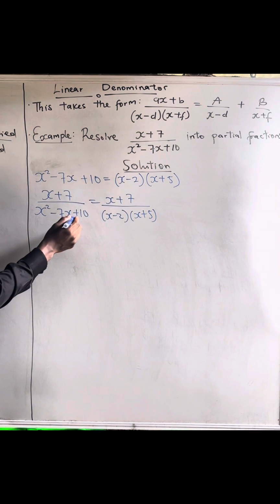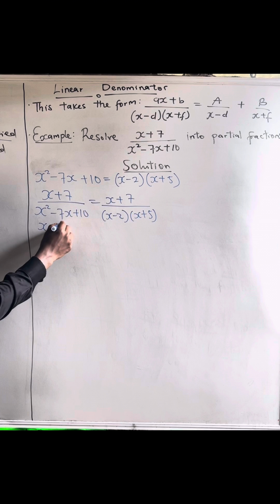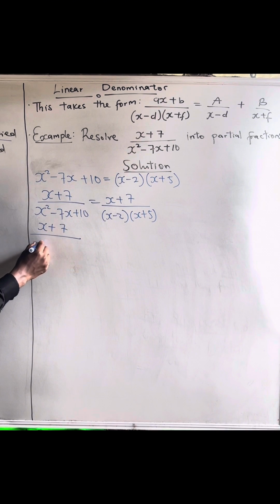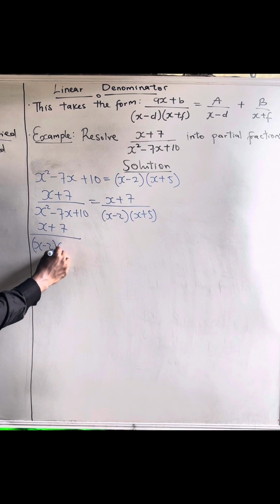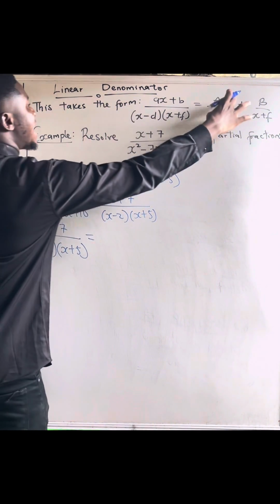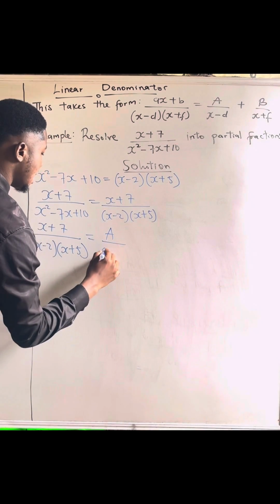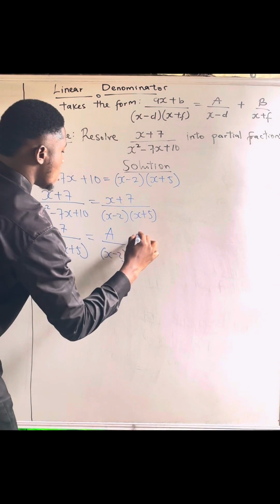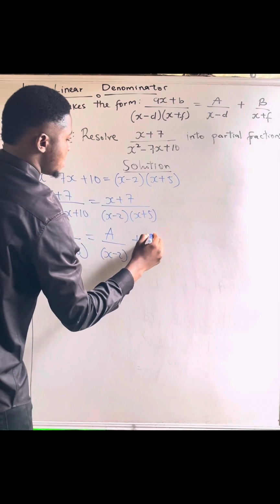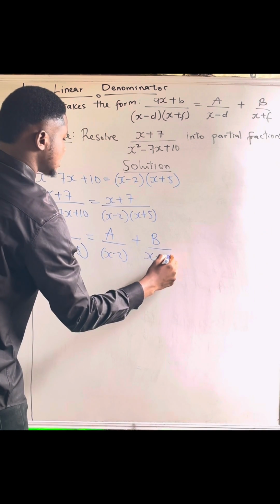So this simply means that x plus 7 all over (x minus 2)(x plus 5) can be rewritten in this form: a over x minus 2 plus b over x plus 5.